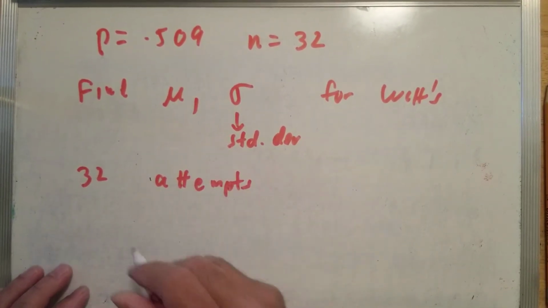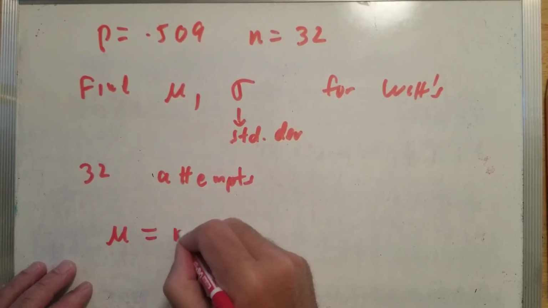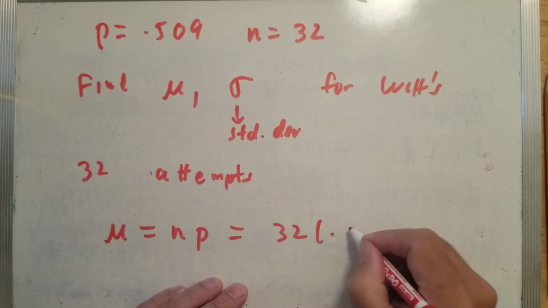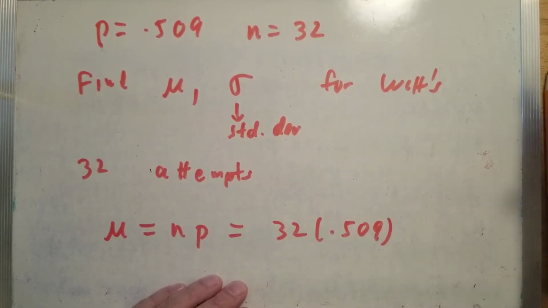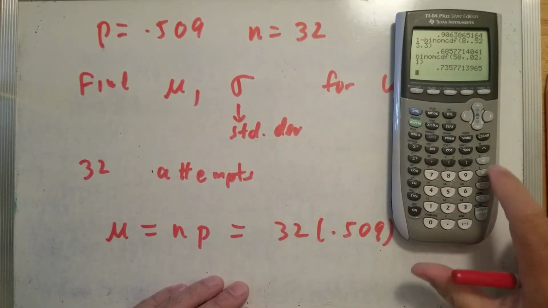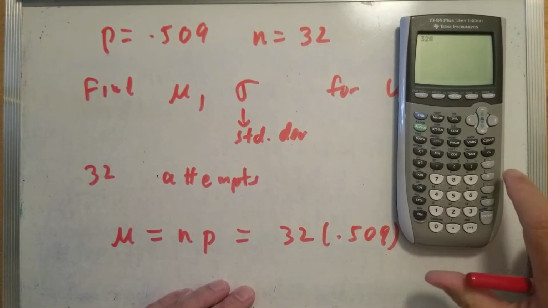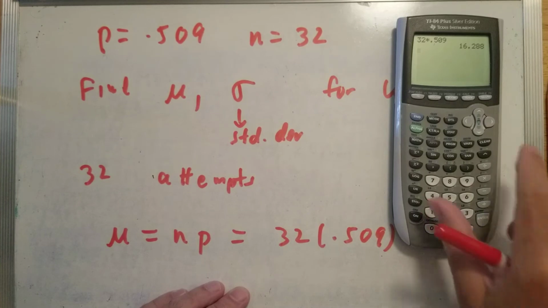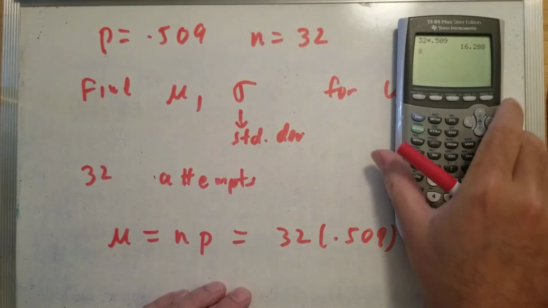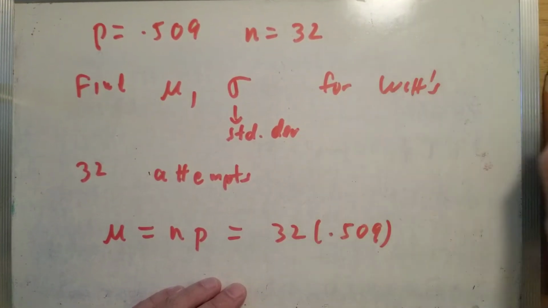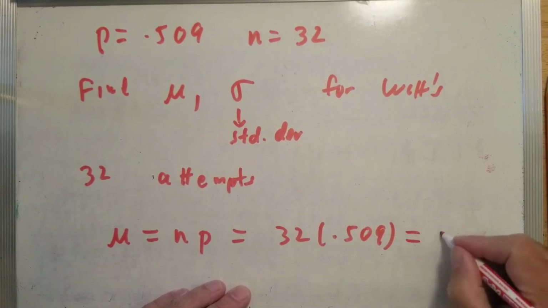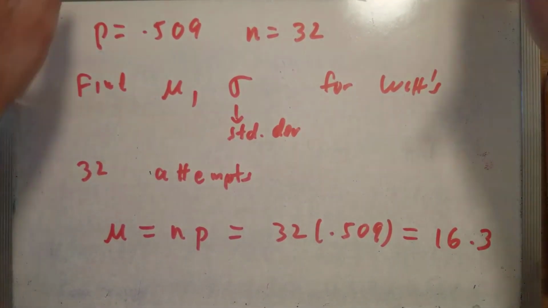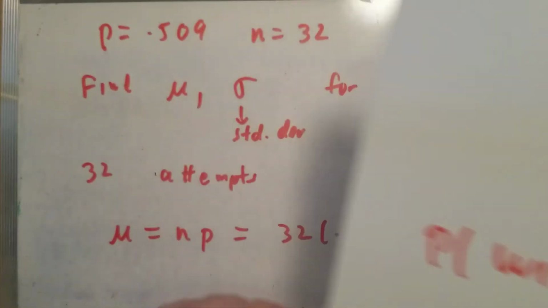Okay, so the first thing is that mu is np, so it's 32 times 0.509, which comes out about 16.3 if I round that off to 1 decimal place. 16.3 would be how many free throws you expect Wilt to make out of 32.